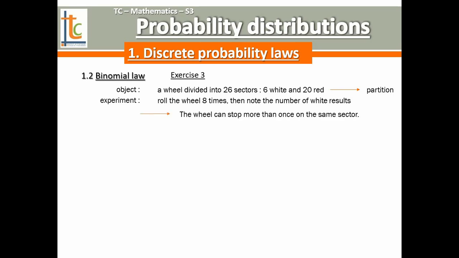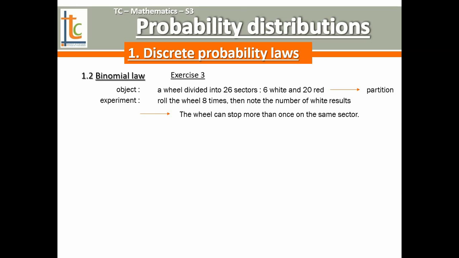So the wheel can stop more than once on the same sector. If you viewed my former video on hypergeometric distribution, the example that was taken was to take 8 letters from the alphabet, and it was to take 8 different letters. So you can't read the same letter after 2 draws.